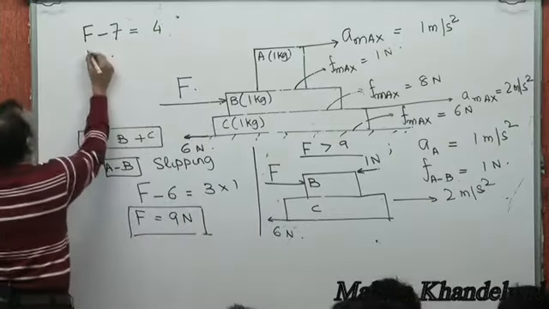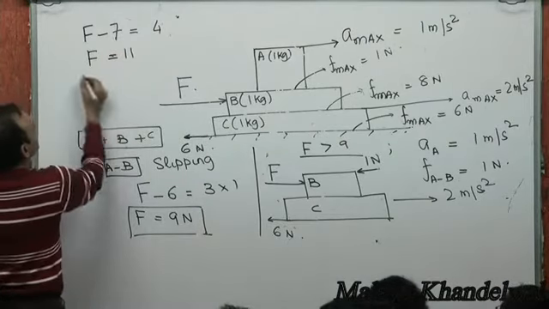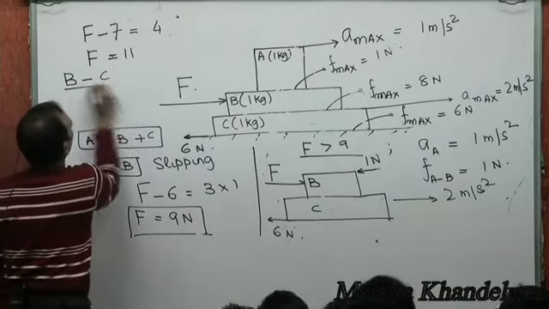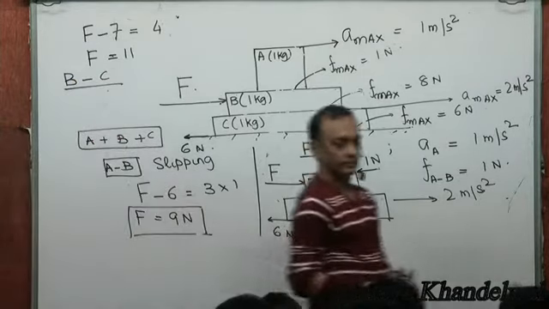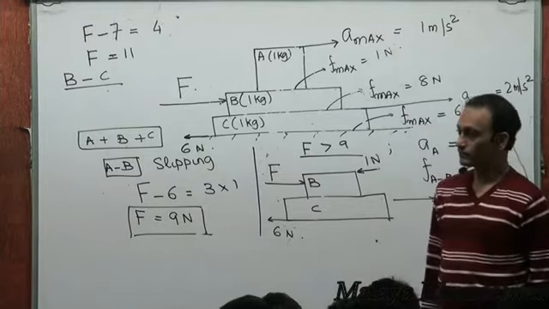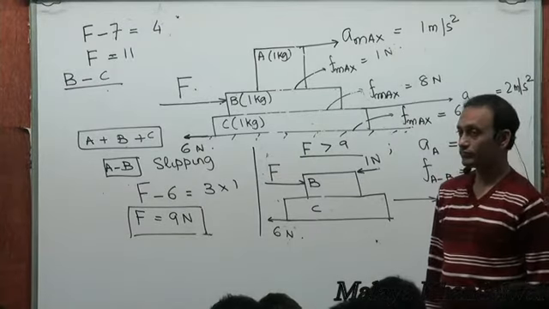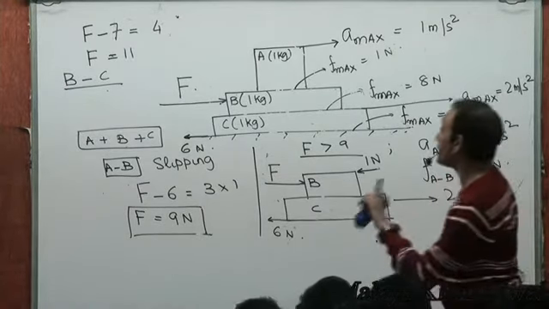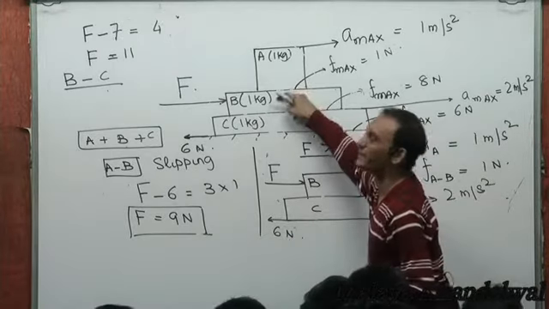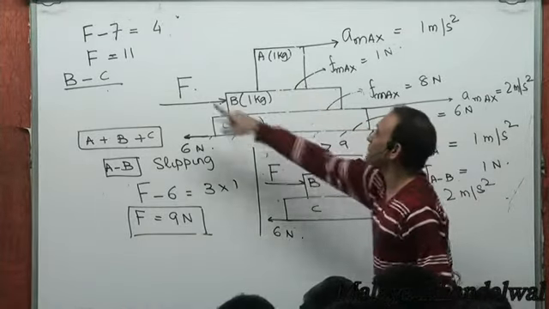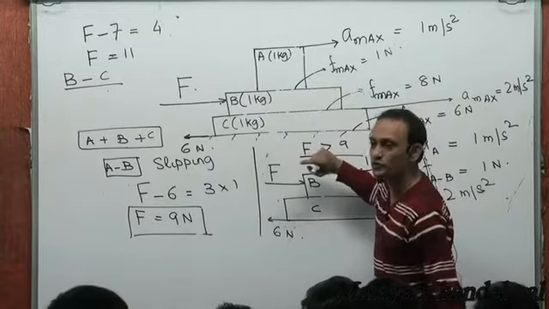So F equal to 11 newtons. The BC interface would begin to split, right? So two numbers here. At 9 newtons, the AB interface would rupture. At F equal to 11 newtons, the BC interface would rupture.